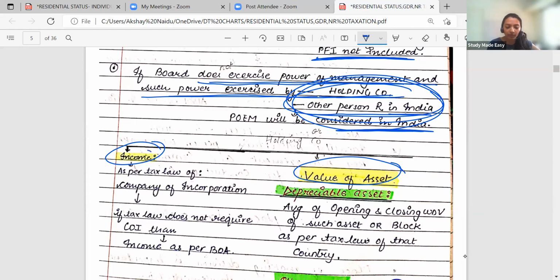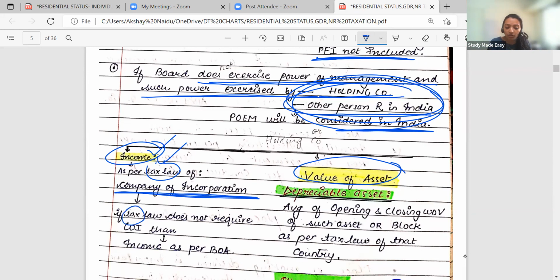So income you will consider as per the tax law of company incorporation, the place where the company has been incorporated, because it is a foreign company. As per their tax law, what is the total income you should consider.